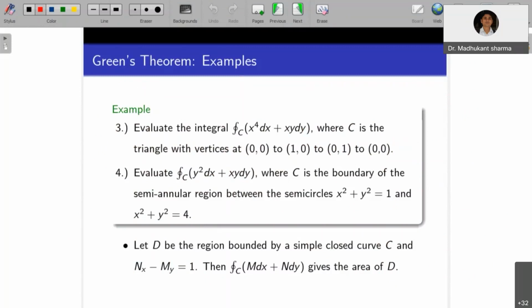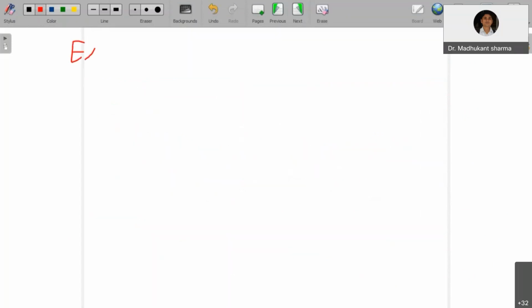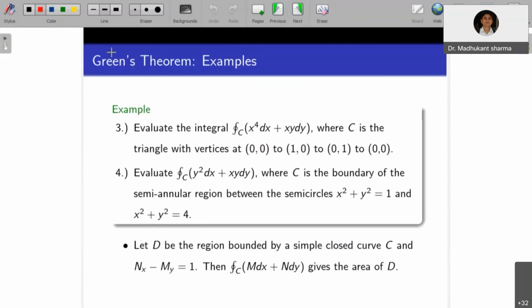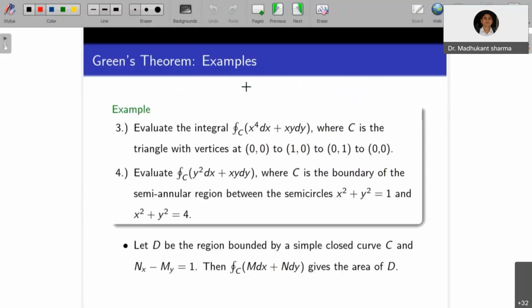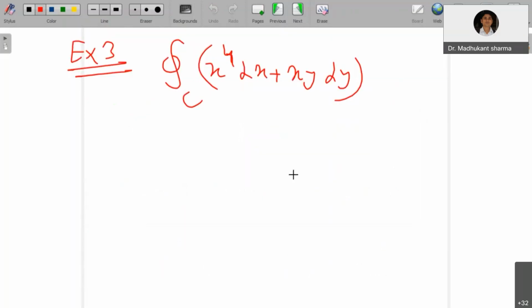Okay, so example number 3: you are supposed to evaluate the integral of x to the power 4 dx plus x times y dy, where C is the triangle with vertices (0,0), (1,0), (0,1).